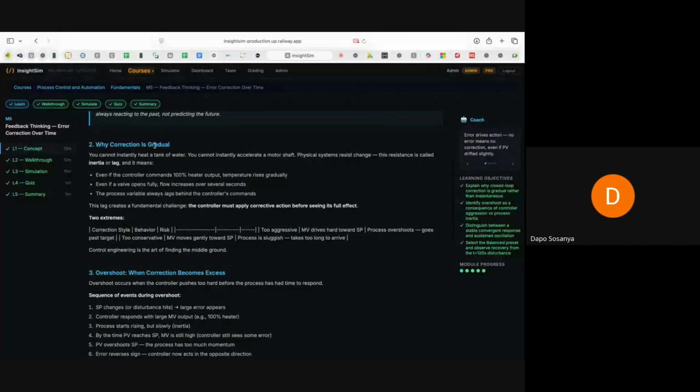So why is correction gradual? You cannot instantly heat a tank of water. You cannot instantly accelerate a motor shaft. Physical systems resist change, and that resistance is called inertia or lag.